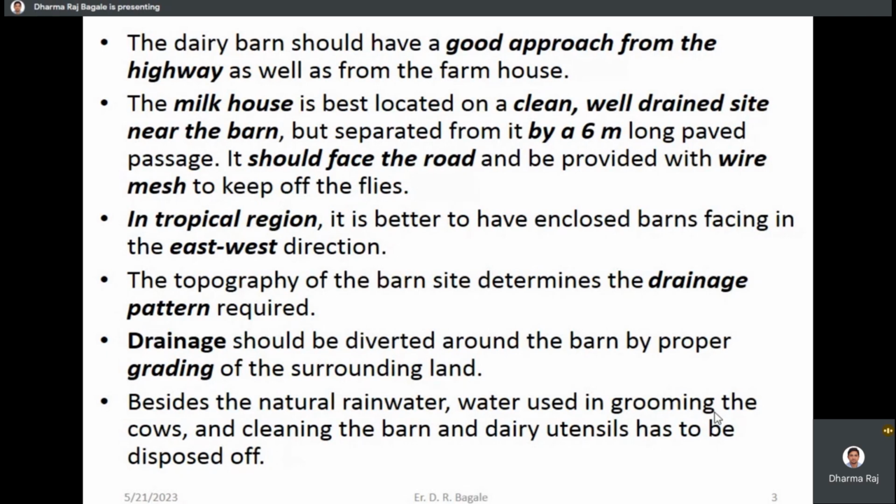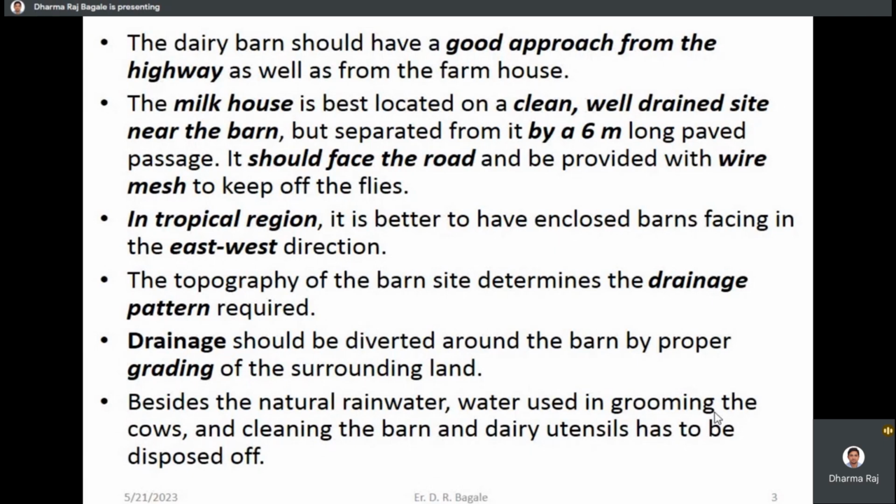Usually, this milk house is recommended to be built at least 6 meters away from the dairy house, so that the flies, bad smell or contamination from the shed will not affect the milk house. Connection from the road to the milk house is also very advantageous, because we have to supply this milk to the market from this road.